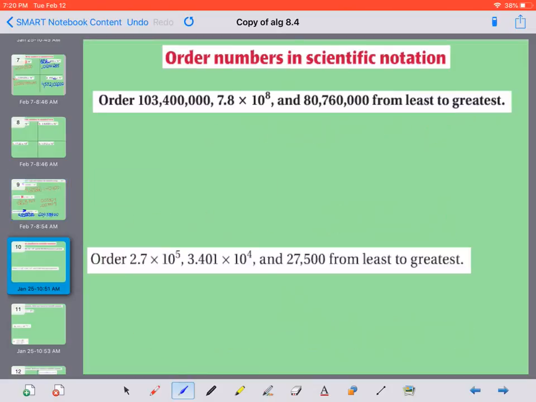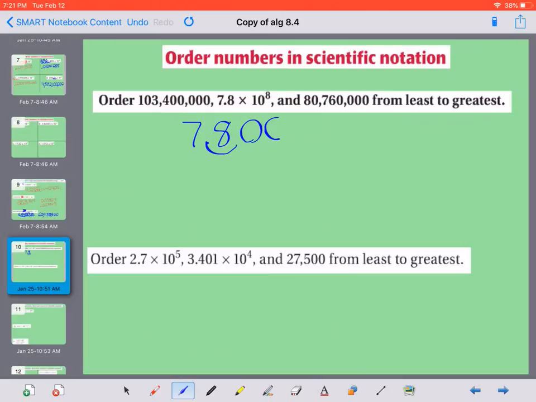Alright, here we're ordering them from least to greatest. So what we could do is write these all in standard form. It looks like it might be easier to write it in standard form because we already have 2 of them in standard form. So I'm going to write 7.8 and I'm going to move that 8 spaces. So 1 and 7 zeros.